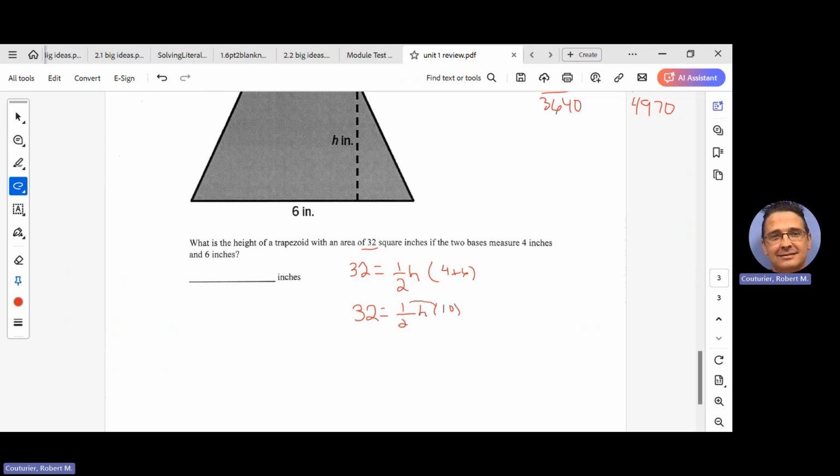What is 10 times 1/2? This is saying 1/2 times H times 10. 10 times 1/2 is 5. Right? We're going to solve for H, divide by 5. The height of this trapezoid, 32 divided by 5 is 6.4 inches.